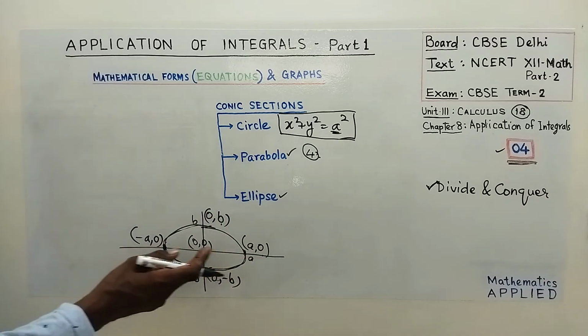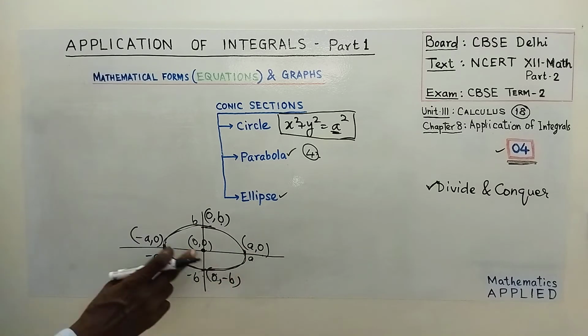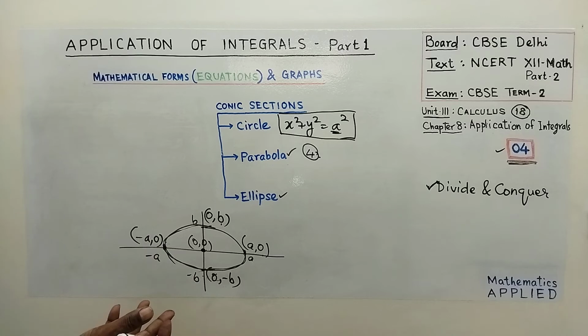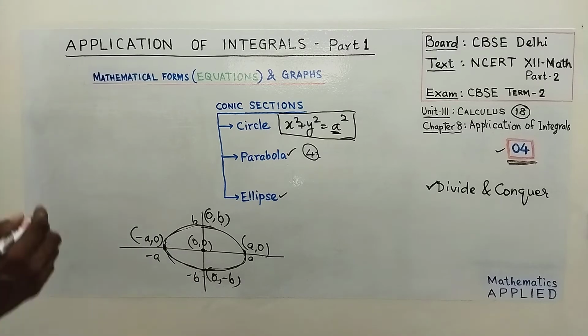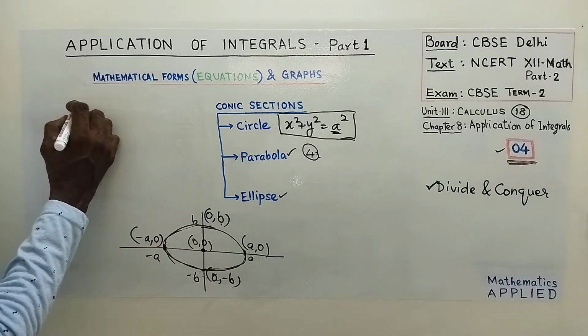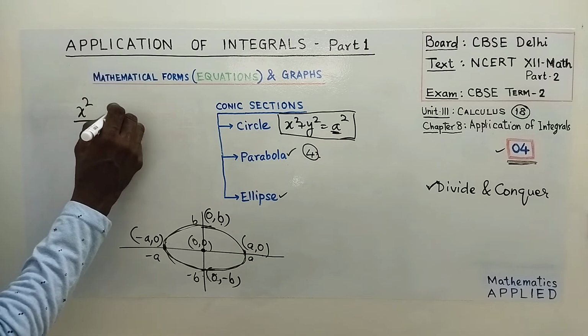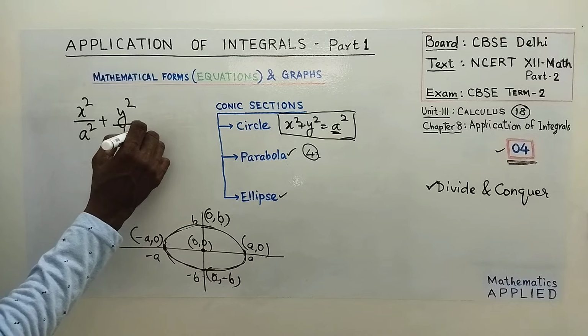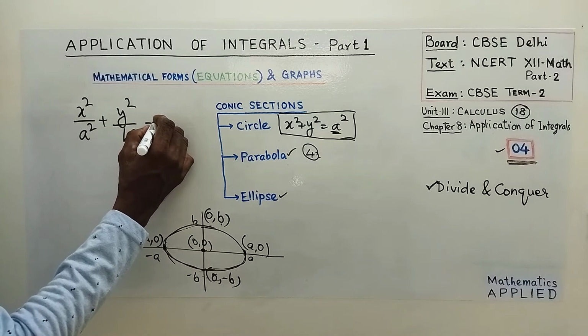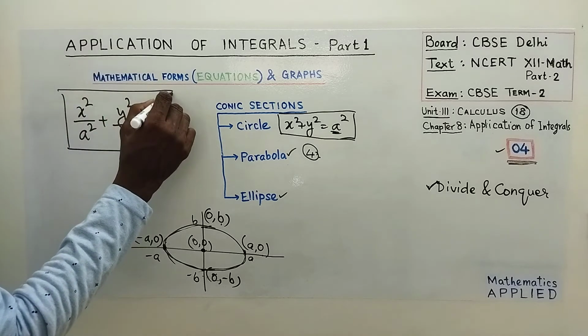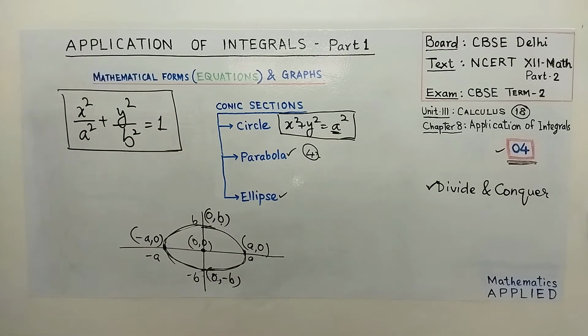In every graph you should be able to recognize this. How would you recognize it? Because you will be given only the equation. The equation for this curve is x square by a square plus y square by b square equals 1. This is the standard form for an ellipse.